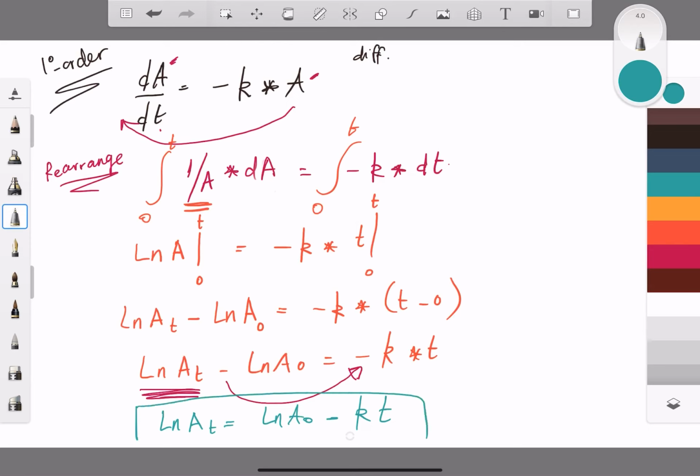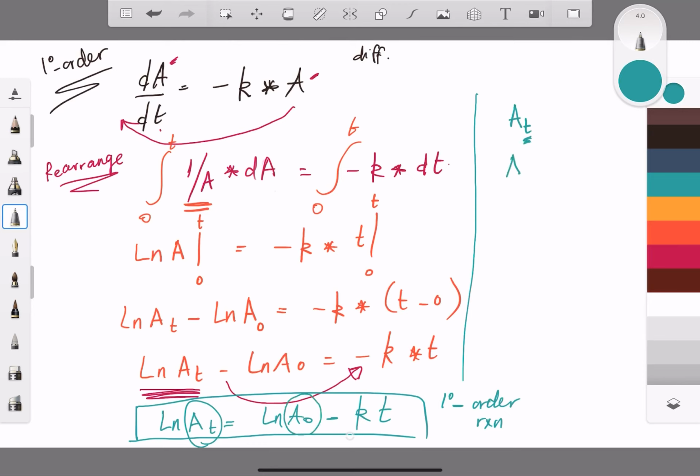So this will be one of the first equations that represents first order reaction in ln terms. Okay? In this equation, we know that this is the amount of the drug, let's say, or the material at time t. This is the initial amount that we have, or the amount at time 0.